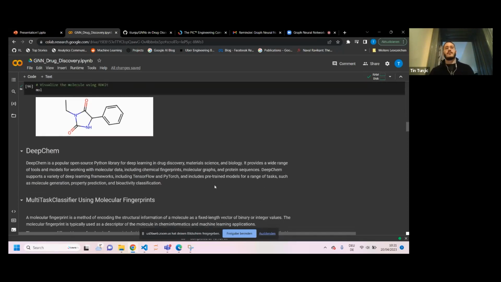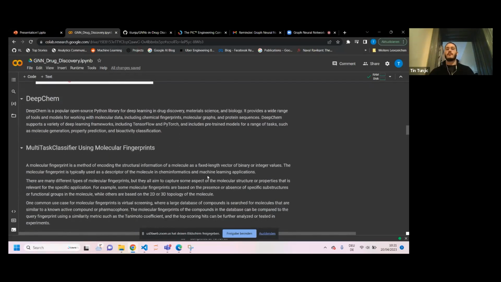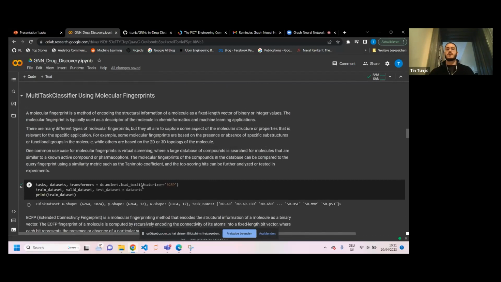As I already said, we'll be using the DeepChem library, which is an open source library, which is based upon TensorFlow and PyTorch, like an abstraction layer, and it comes with already pre-trained models, which is a quite nice property, and also with a loader for the data, which offers us also the featurizer.